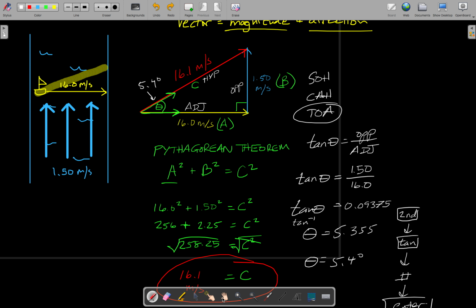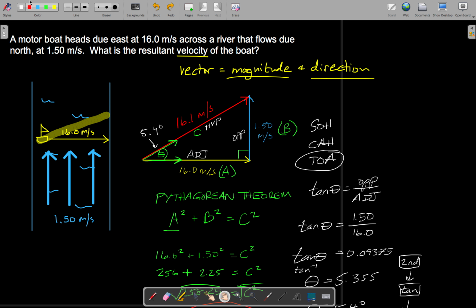Now you notice that it's going to the east. It's moving eastwards. But it is also moving northwards as well. So the direction is northeast, but we need to be a little bit more specific. It's either going to be explained as north of east or east of north.